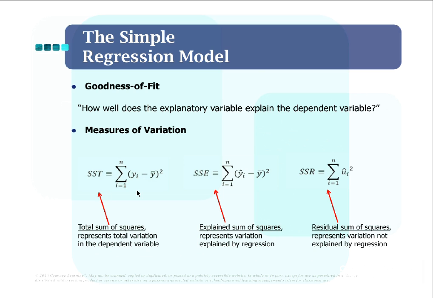And then we compute the explained sum of squares. What is the explained sum of squares? It is y hat minus y bar, squared and summed up. So it represents the variation explained by the regression.